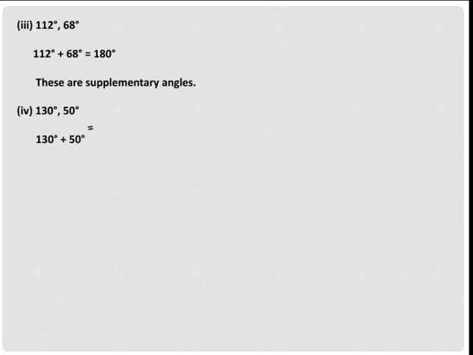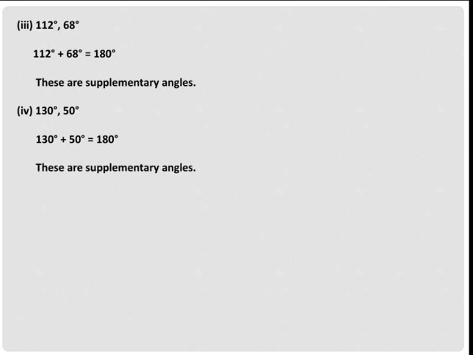Third one, 112 degree and 68 degree. Add these two. 112 plus 68 is equal to 180 degree. So these are supplementary angles. 130 and 50. Add these two. 130 plus 50 is equal to 180 degree.